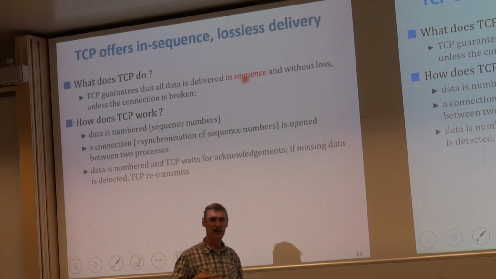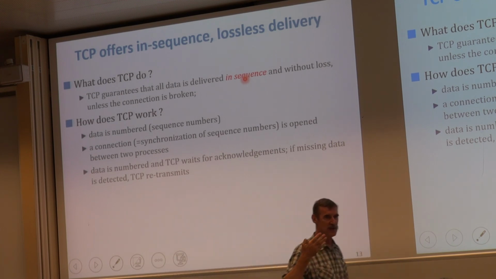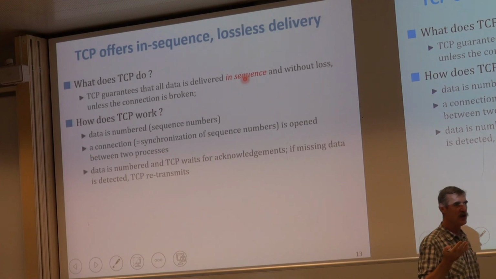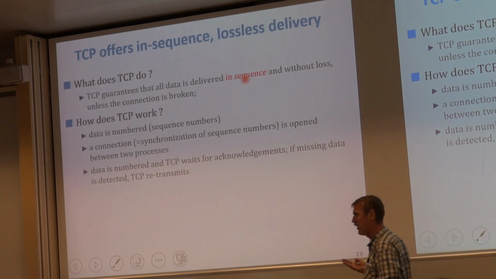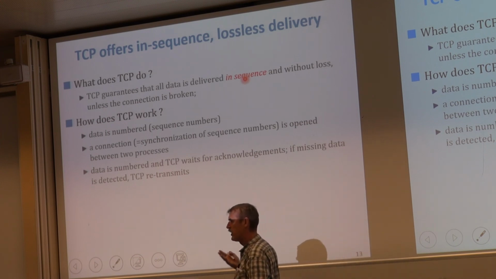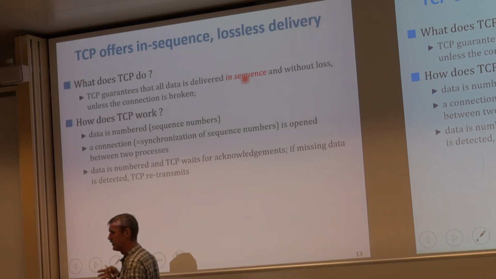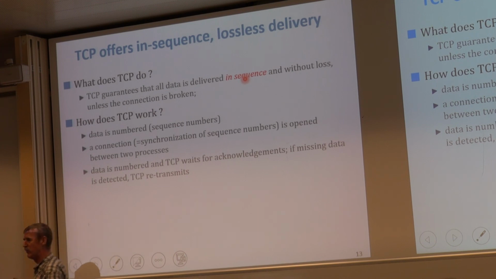I say TCP guarantees that data arrives in sequence and without loss. Of course, this guarantee cannot be perfect. The only guarantee is, in fact, that everything has been done to prevent losses, so you don't need, as an application programmer, to do anything more. But losses are still possible, even with TCP.